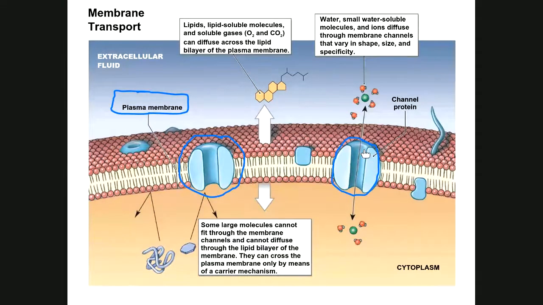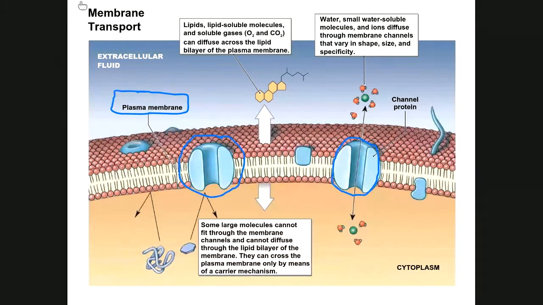Some substances, including ions, you're going to hear me say substances a lot because it's not just molecules, it's ions, and ions are not molecules. Some substances a cell needs to cross the membrane, either because the cell needs to move them from the ECF to the ICF, or the cell needs to get rid of something, therefore it needs to be transported from the ICF to the ECF.